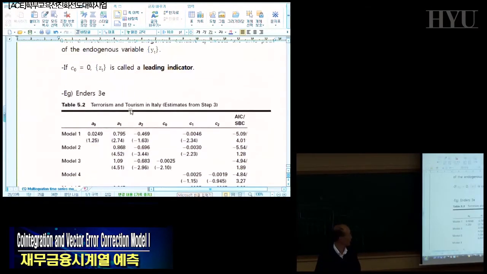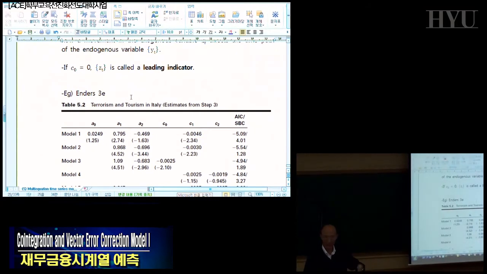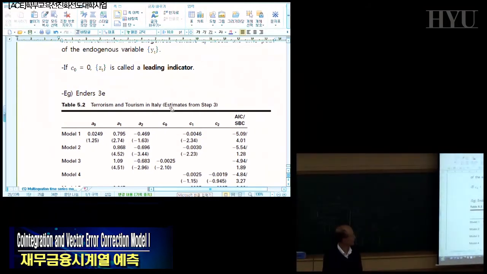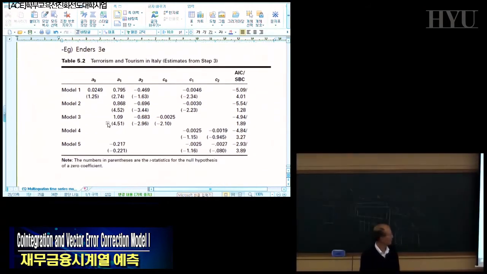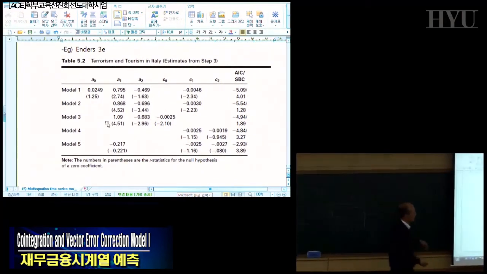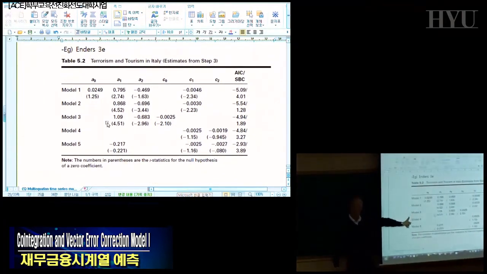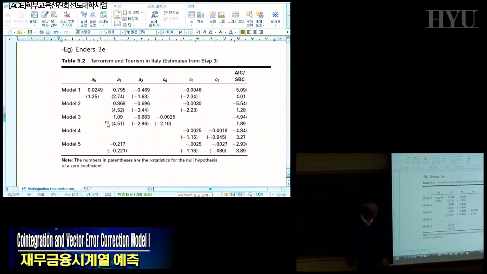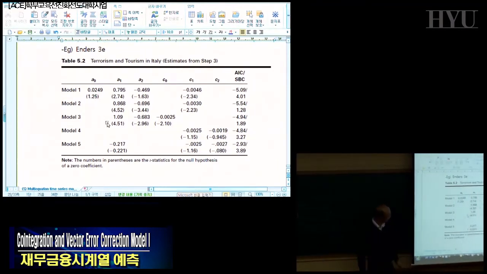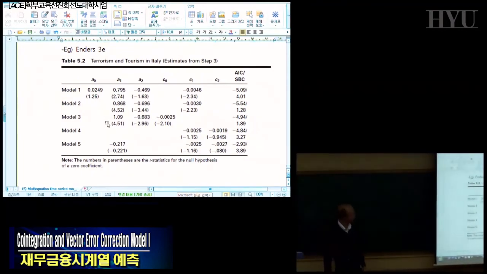Anders also provides this result, terrorism and tourism in Italy. So number of tourists and number of events as ZT, right? So he estimated several alternative, competing models, and which model appears to be most reasonable?